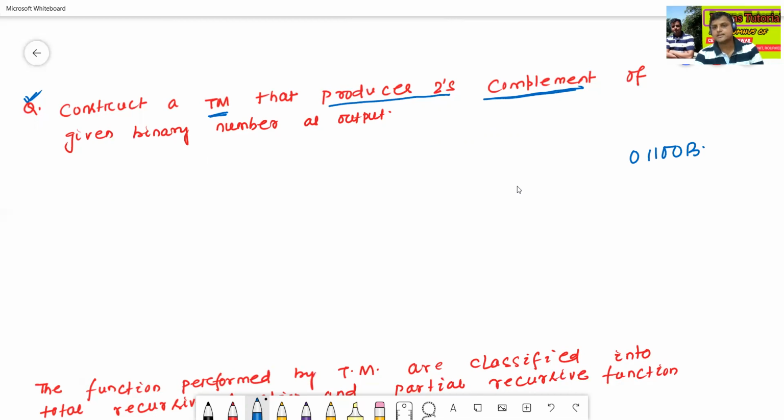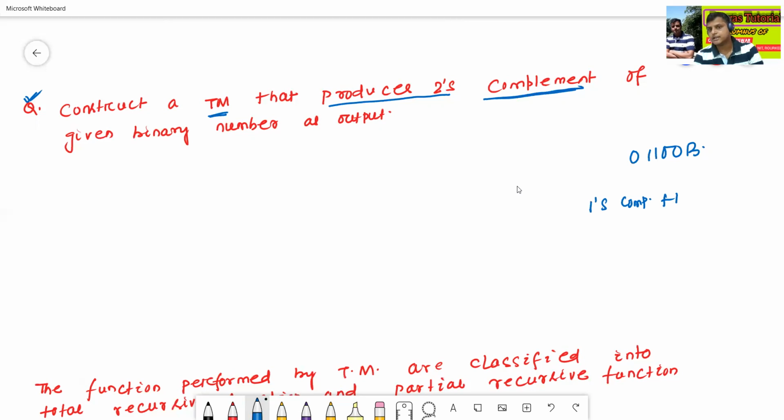You can find 2's complement in two ways. First, find the 1's complement, then add plus 1. This is one method, and another is a shortcut method.